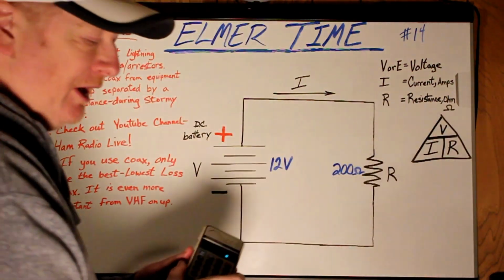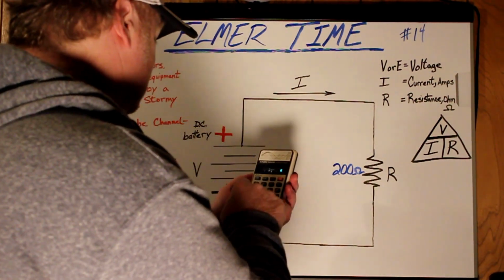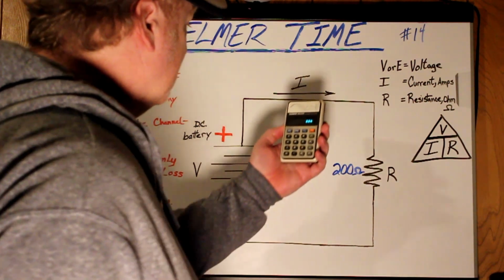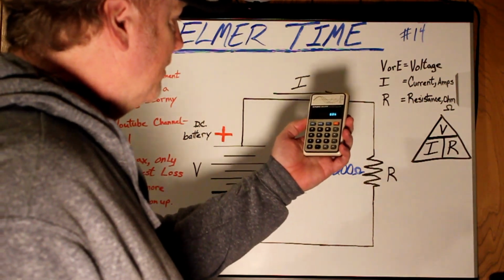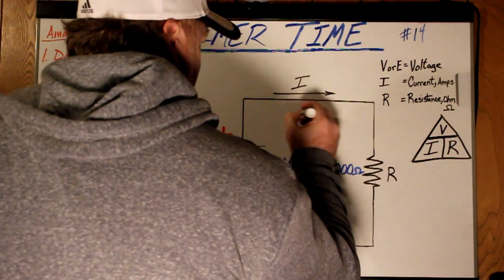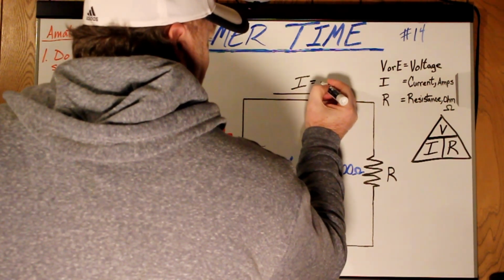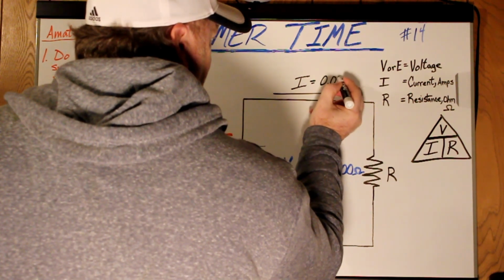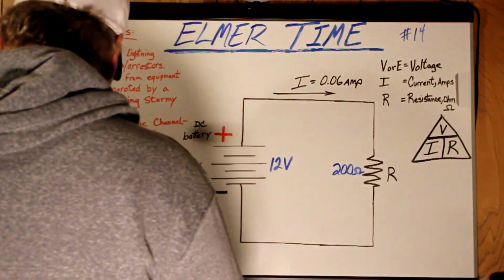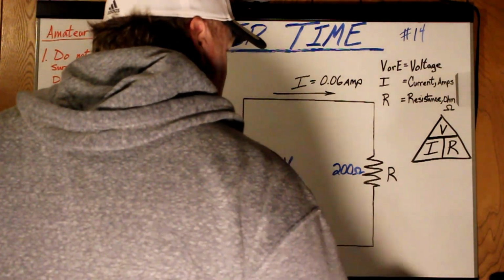Get out our masterful old 1970s calculator here, and we would plug in 12 divided by 200 equals 0.06. So if you were to put an amp meter in line right here, it would come up as 0.06 amps. And that would be the answer. Pretty simple, huh?